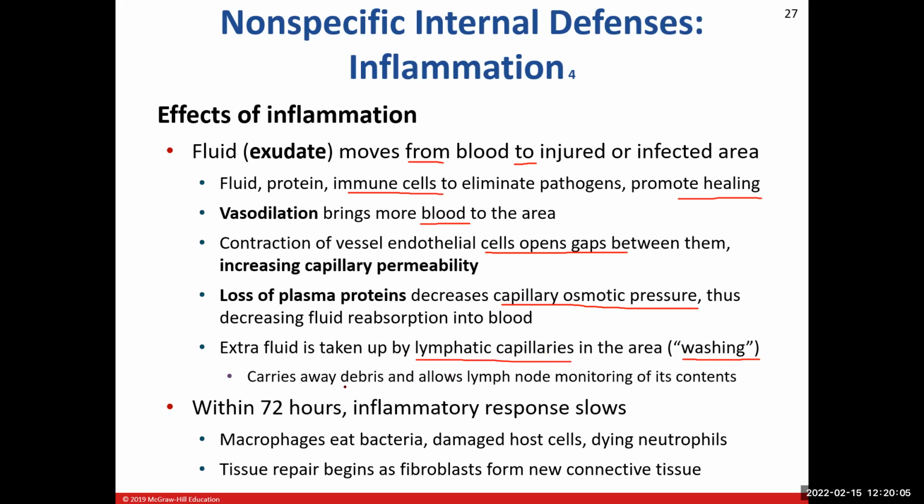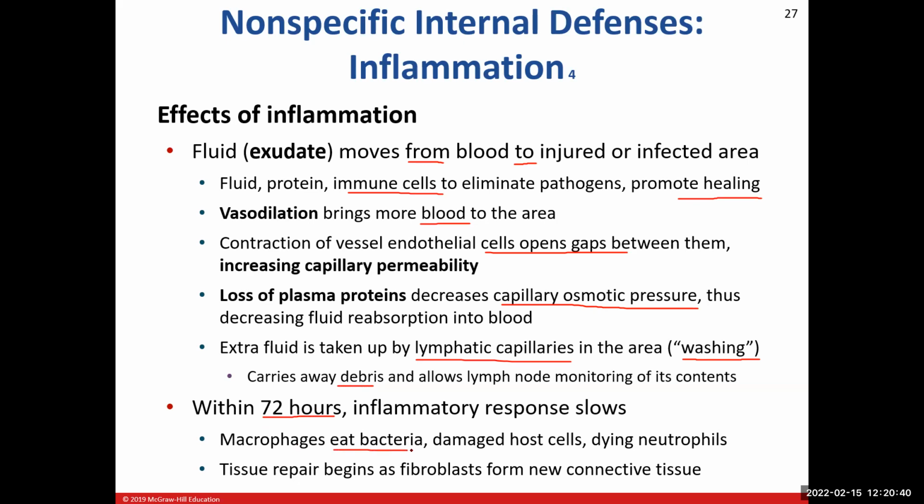And so think of that as kind of like the cleanup crew. They're going to take away any debris, and any of the other stuff that resulted from that injury, and we whisk it away. So this whole process takes about 72 hours. During this time, as we achieve our goals of forming a blood clot, getting enough leukocytes into that area to help with damaged tissue, taking care of pathogens, those macrophages go in there.